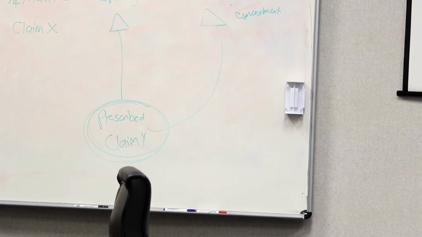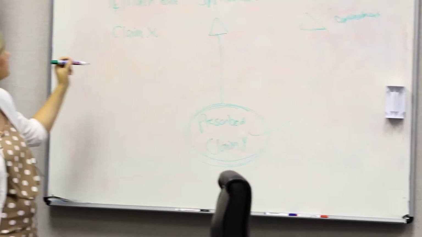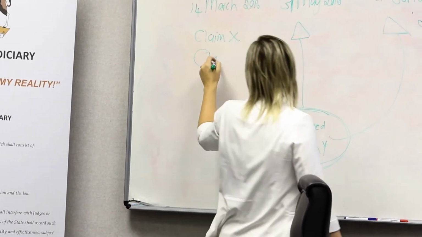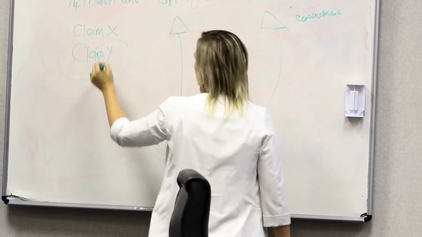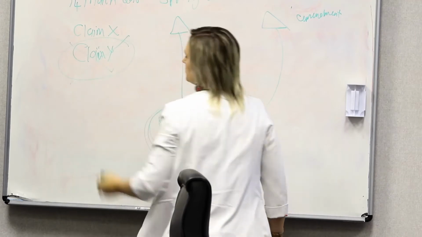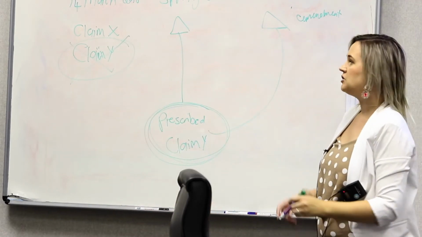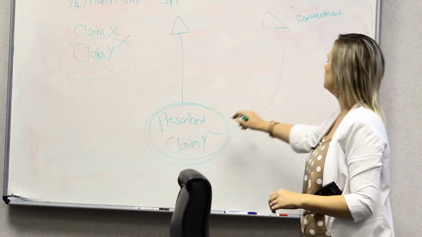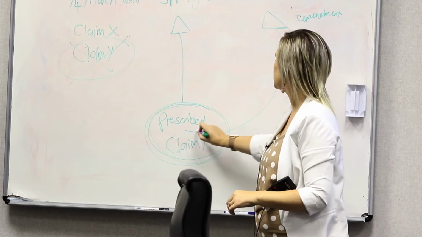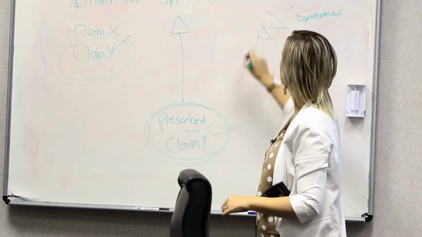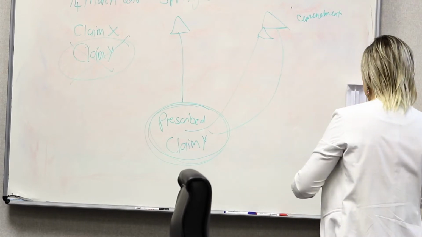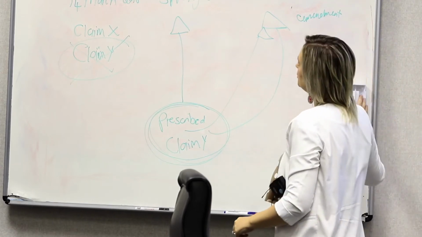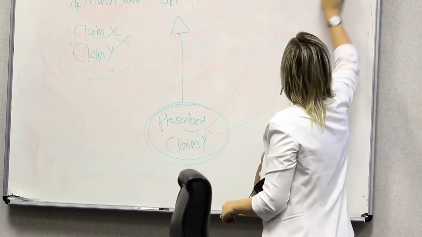So you see what would happen. It's as if claim Y was already included here, where in fact it has become prescribed. So that would be a reason to object to the introduction of a new cause of action here, but not simply because it's a new cause of action. That in itself is not sufficient to object.